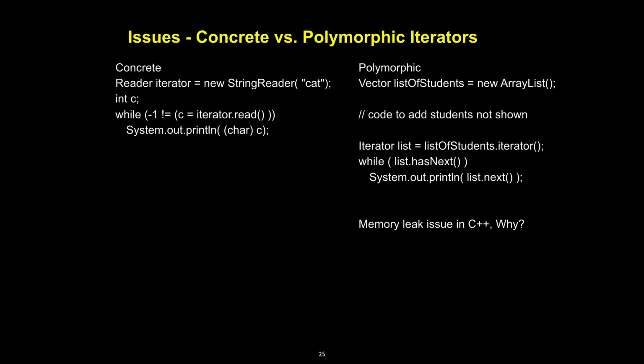But I know what type it is because I say new string reader. So I know it's a string reader, right? I know the concrete type. When I create an array list and I ask give me the iterator, I don't know the concrete type, right? When you look at the function definition of the iterator method on array list, it just returns an iterator, even though it returns a class that implements the iterator interface. So we don't know its type.